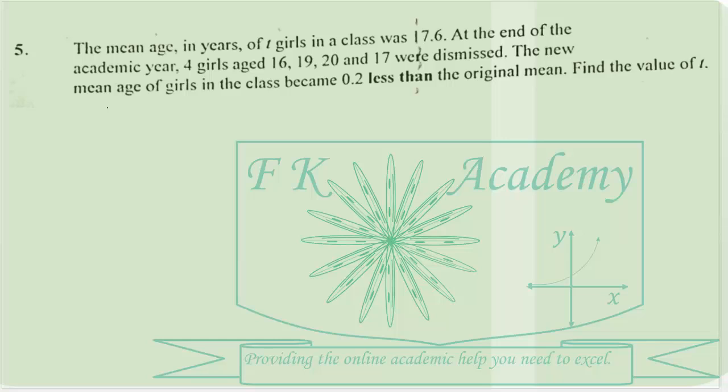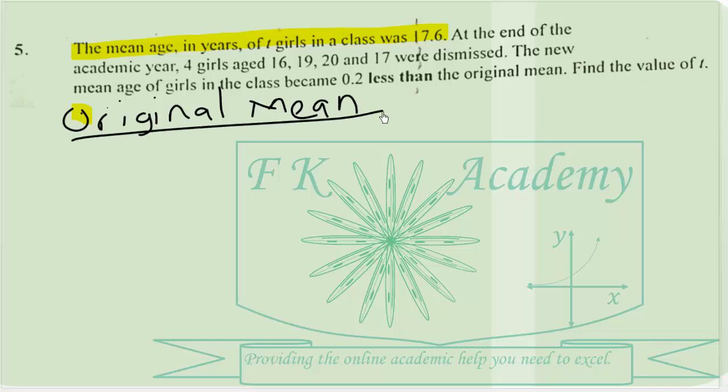So you recall that for the original mean, we have this information. We're told that the mean was 17.6. So original mean. So we know that mean is equal to sum.